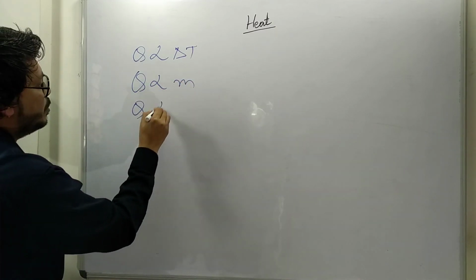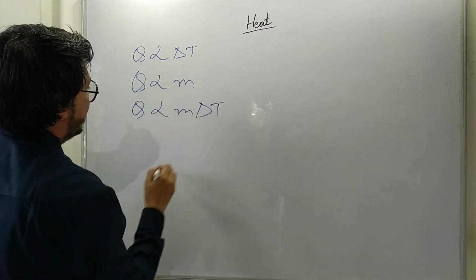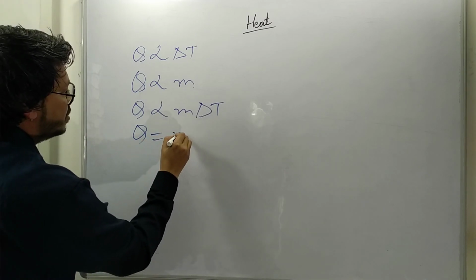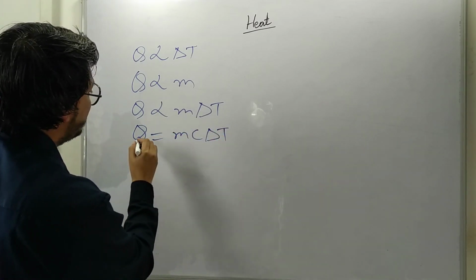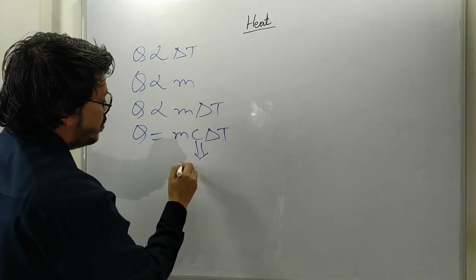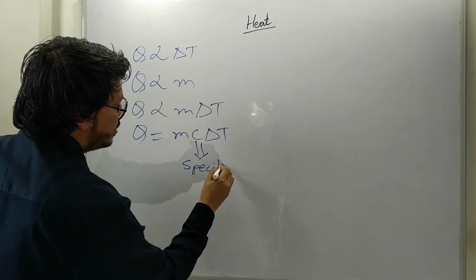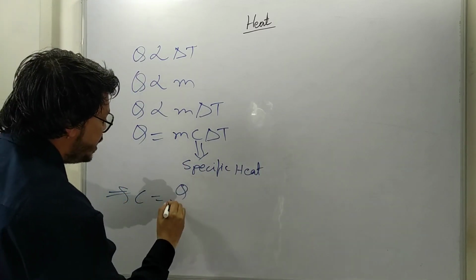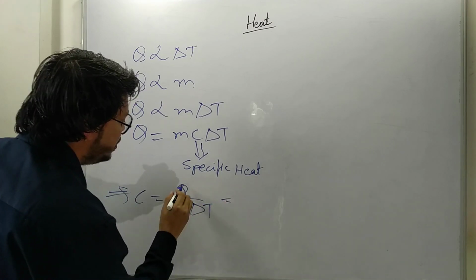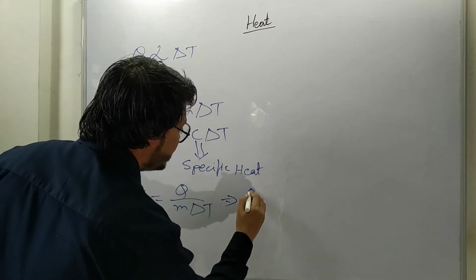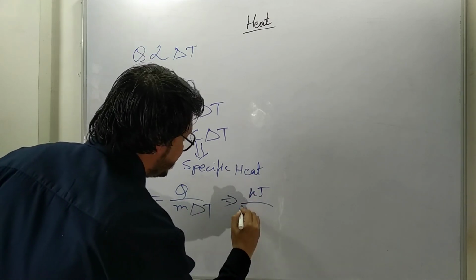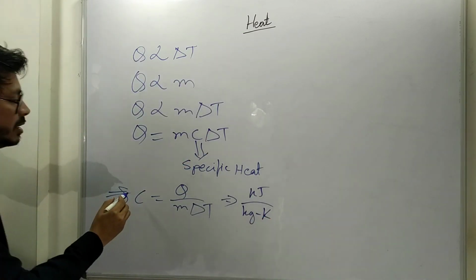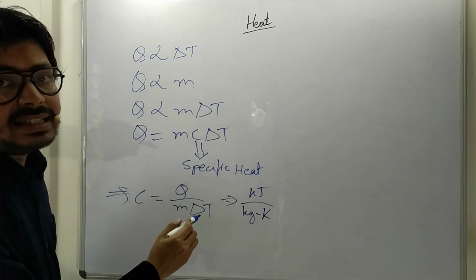So Q is directly proportional to m delta T, and if we remove this proportionality sign, then we get a constant which is C. So Q is equal to mC delta T, and this constant is known as specific heat, given as C equal to Q by m delta T. The unit of Q is kilojoule, the unit of mass is kg, and the unit of temperature is Kelvin. So the unit of specific heat is kilojoule per kg Kelvin.